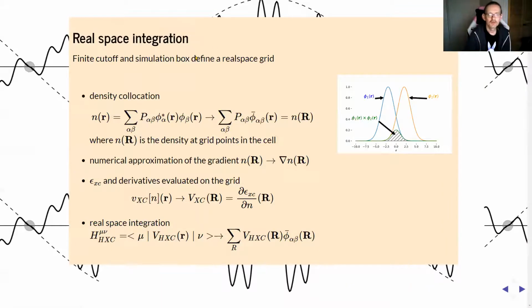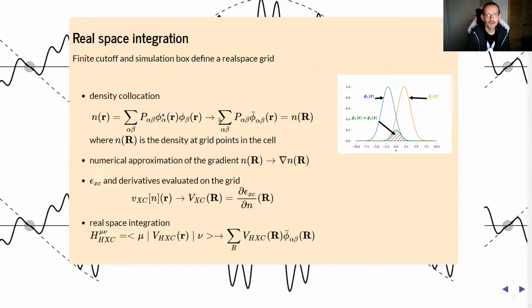Once you've got this recipe for putting the Gaussians onto the grid, then we can complete our construction of the Kohn-Sham matrix. So we've got our density in real space, which was originally represented as a density matrix element of a pair of functions that are a linear combination of primitive Gaussians with some weight, the density matrix element for that pair of functions.